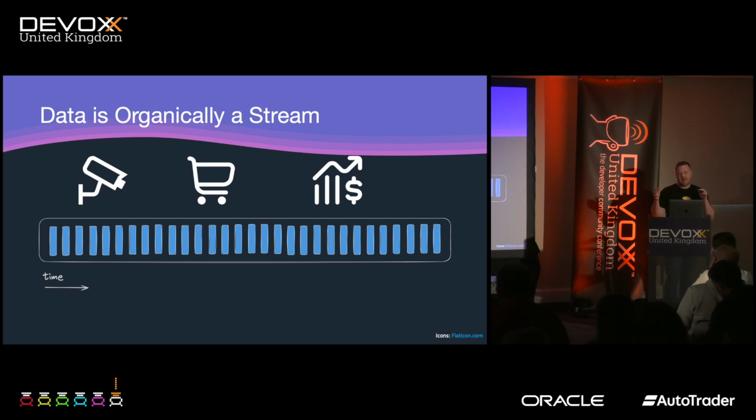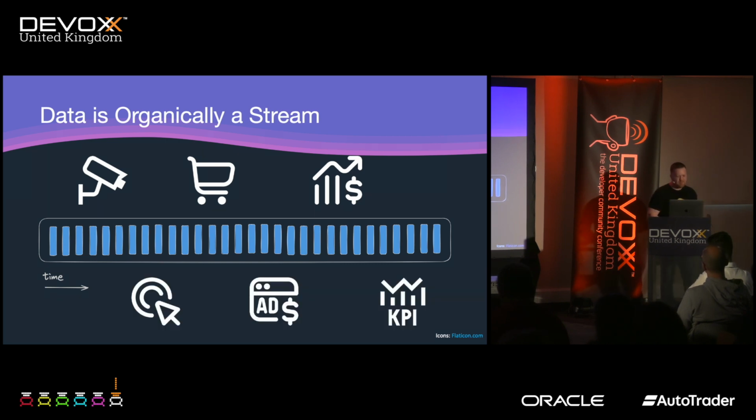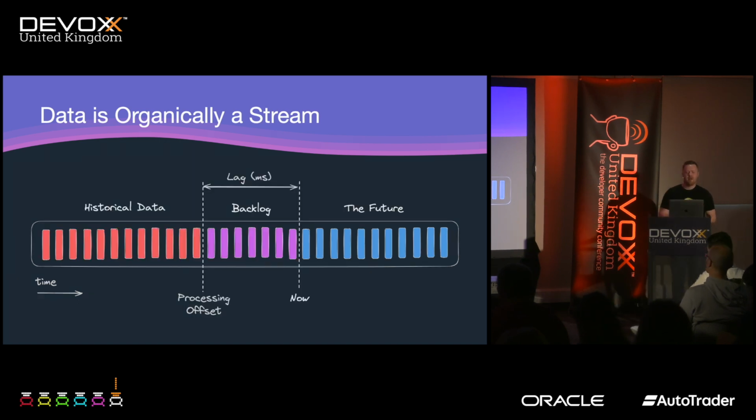Data can include fraud detection data, so looking at IP addresses, bank transactions, etc. Shopping information, placing orders, adding to cart, stock market information, click data, advertisement data, or any KPI monitoring. So anything with a timestamp is what we're interested in here.